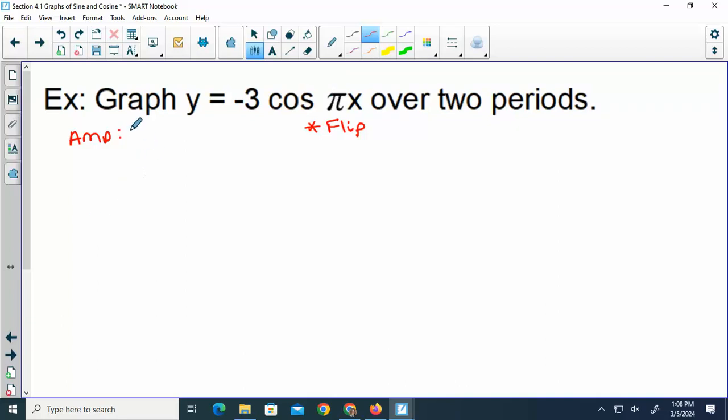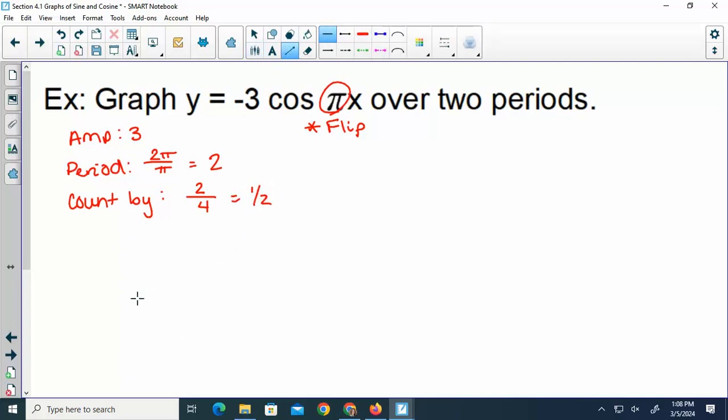Amplitude then would be what? 3. Period is pi over 2, because 2 pi divided by the number in front of x, which is just 2. So my count by is my period divided by 4 for the 4 quadrants, and I get 1/2.